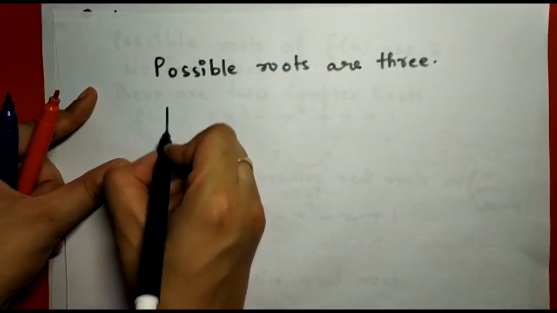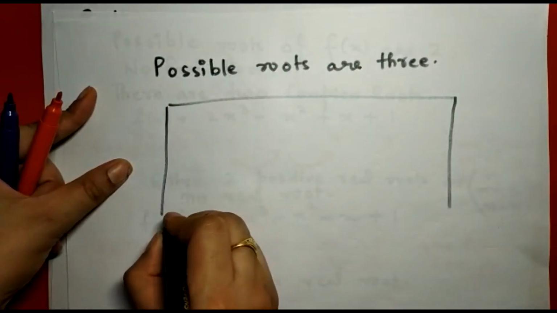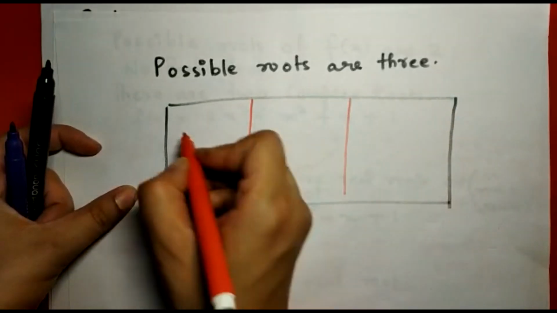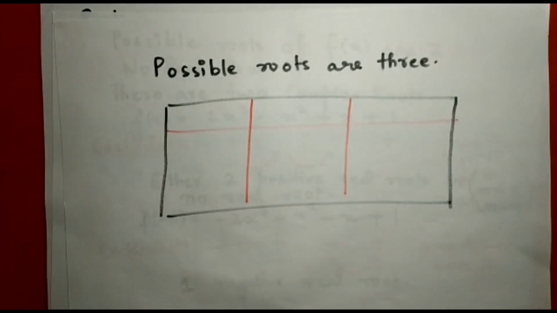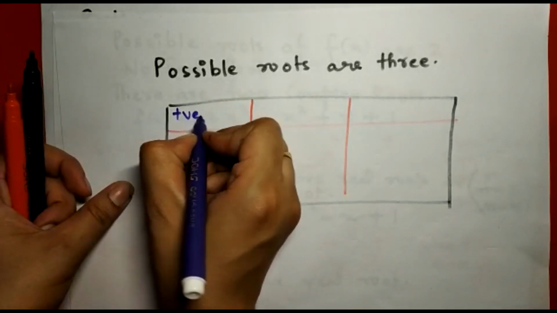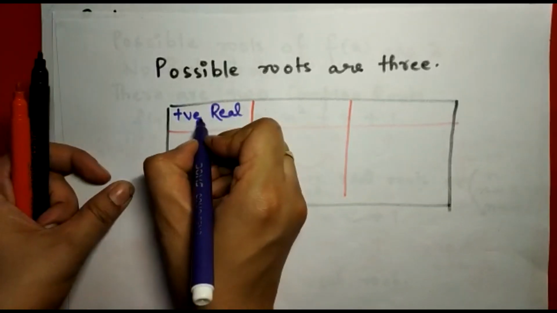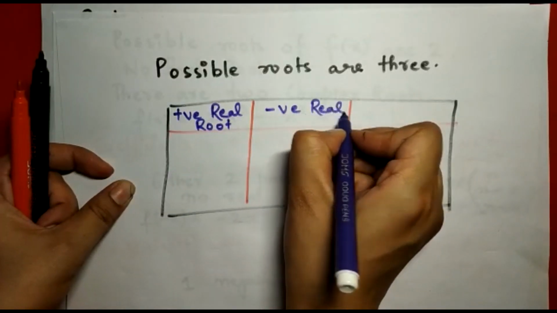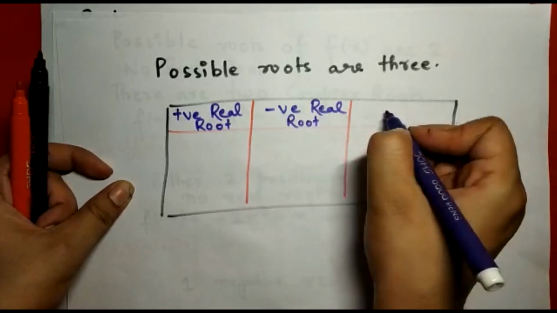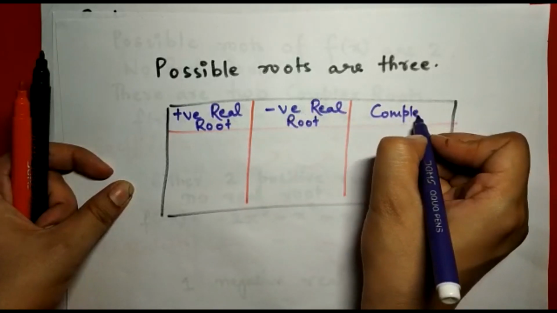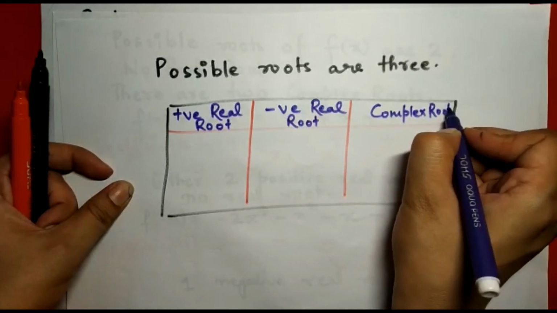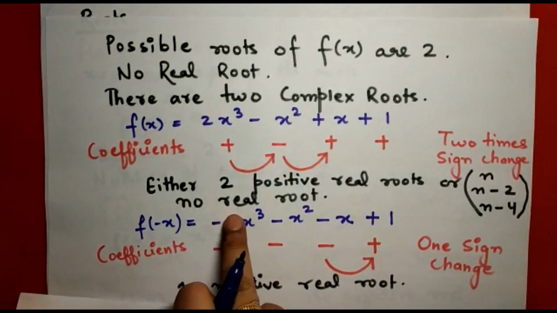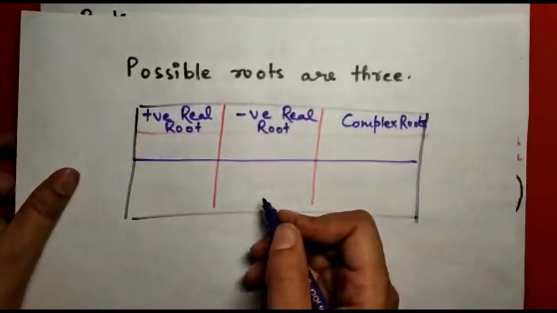If I make a table to understand the possibilities: positive real roots, negative real roots, and complex roots. Only one of these is possible. As you can see, either 2 or none.